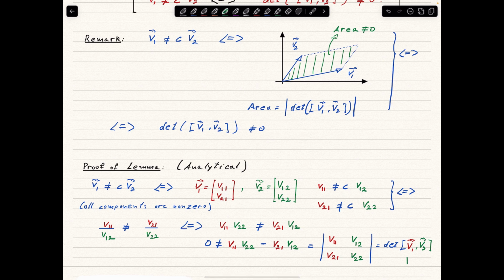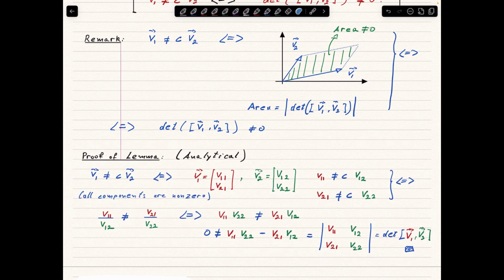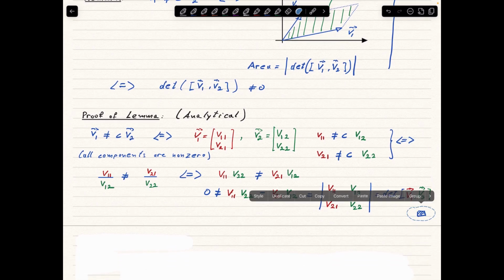So that's the proof. Let's go to blue to complete the proof. It's too cramped over here, so let's go a little bit higher up, and now we can put it there.